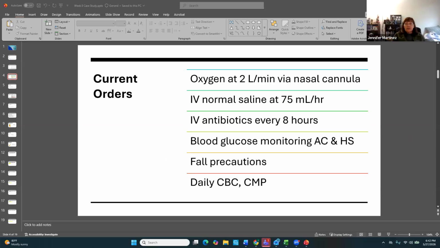All right. So, current orders. We have oxygen at 2 liters per minute via nasal cannula. We have IV normal saline at 75 mLs per hour. We have IV antibiotics every 8 hours. We are going to do glucose monitoring, AC and HS. What is AC and HS?